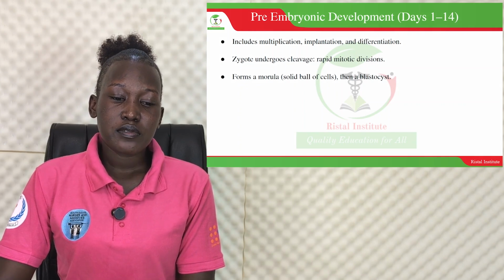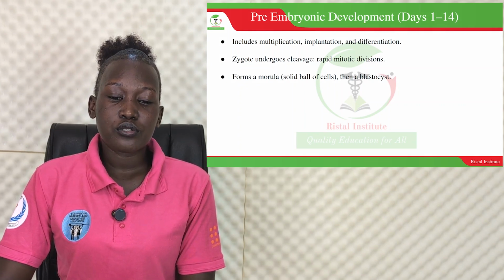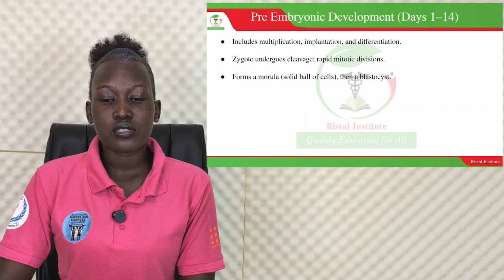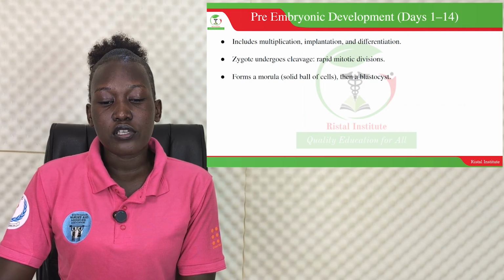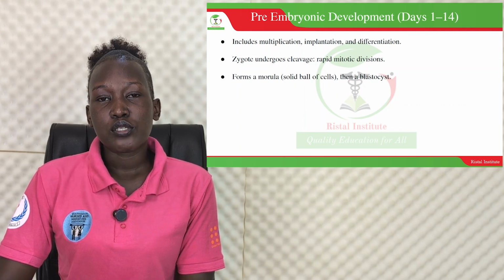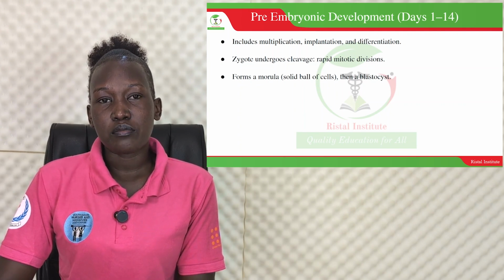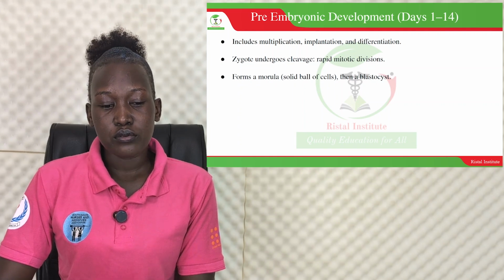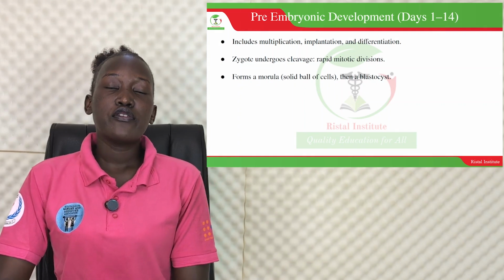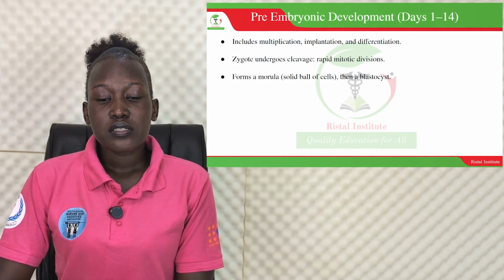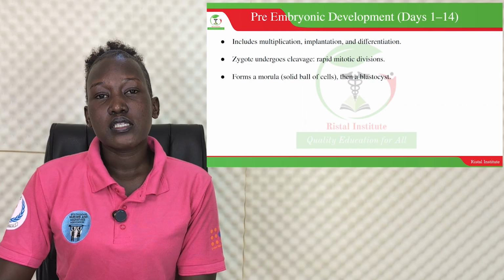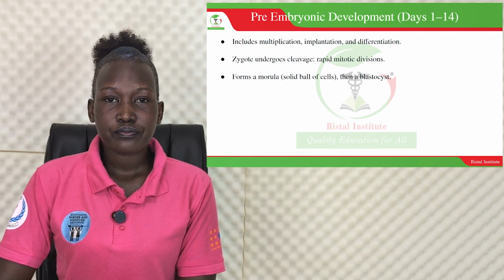It includes multiplication, implantation, and differentiation. So the zygote undergoes cleavage, or rapid mitotic division. Then there will be formation of the morula. So the rapid mitotic division is division by 2.